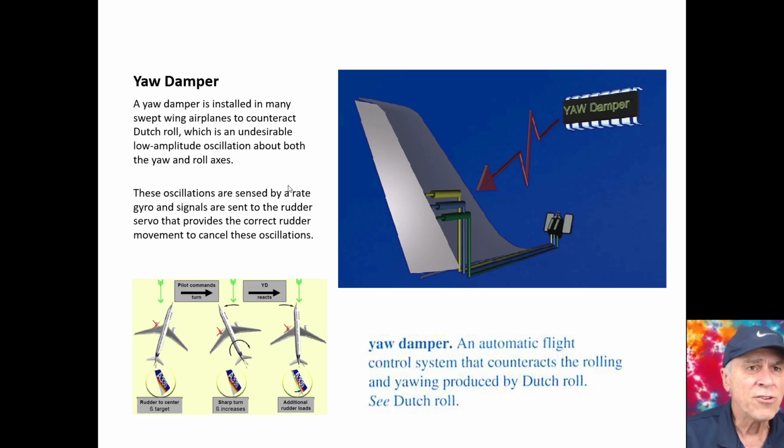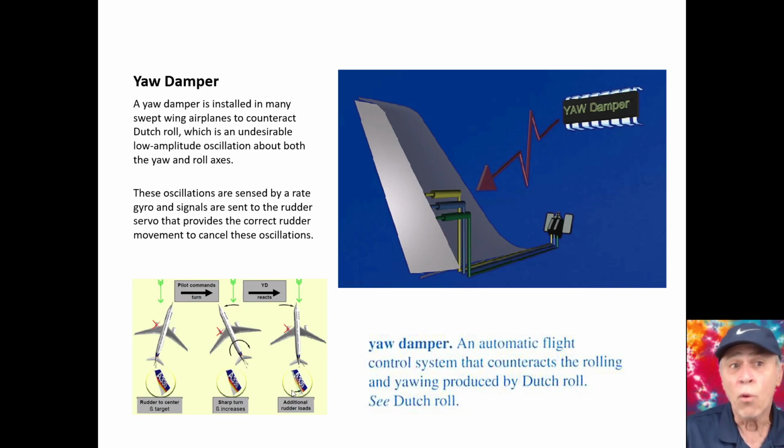Basically, a rate gyro senses the oscillations. Signals are sent to the servo, and there are some corrections, some adjustments made to the rudder to cancel out the oscillations. You can study this a little bit more, I guess. The illustration pretty much is showing what's happening.